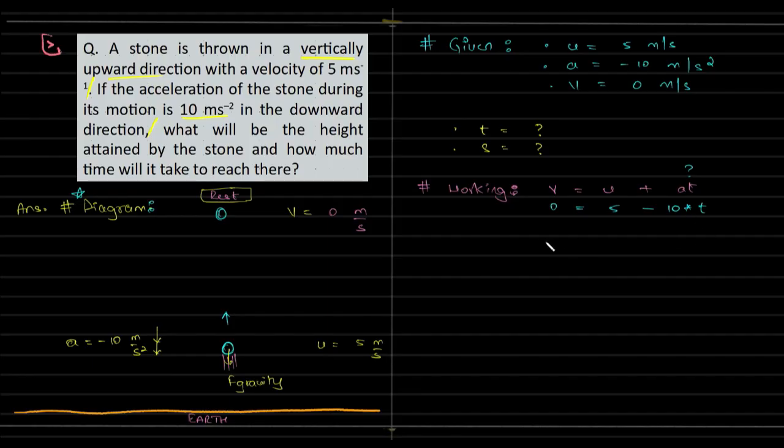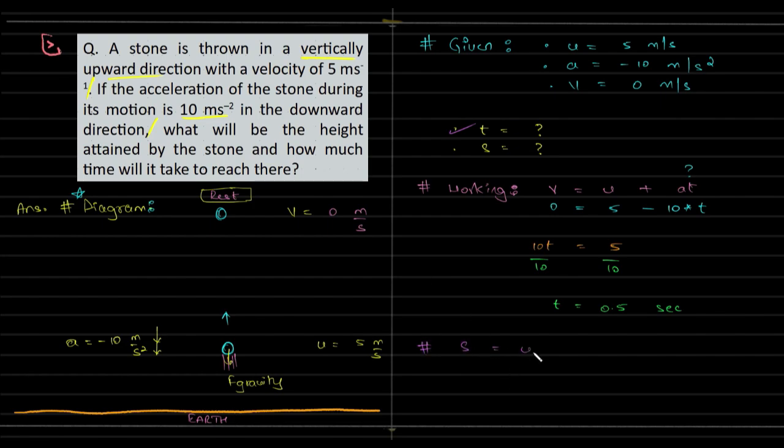So minus 10t, if you transpose it, is 10t is equal to 5, divided by 10 both the sides, and t is equal to 0.5 second. Since this answer is something that we have to figure out, I converted it into decimal.